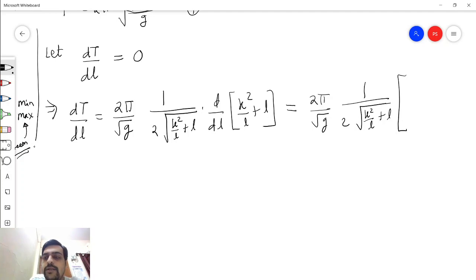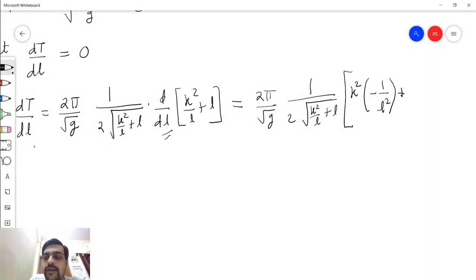Now this k squared is a constant because the derivative is with respect to L, and the derivative of 1 by L is minus 1 by L squared, plus the derivative of L is 1.